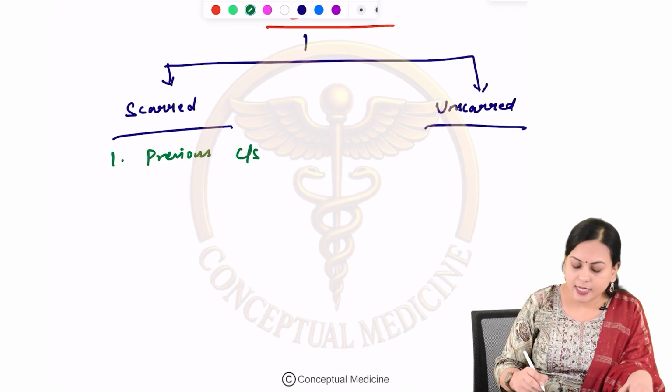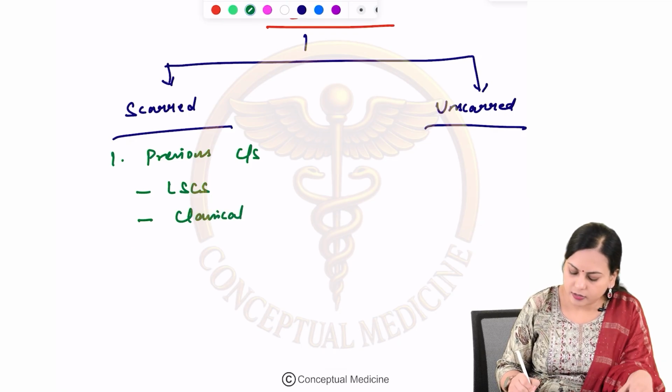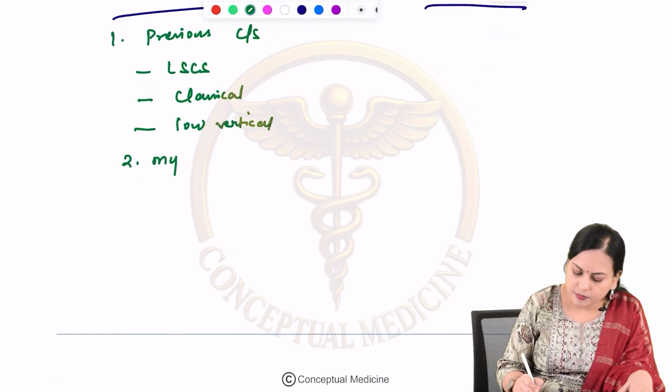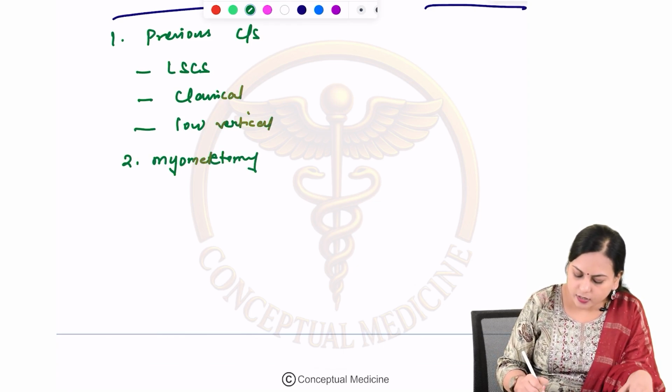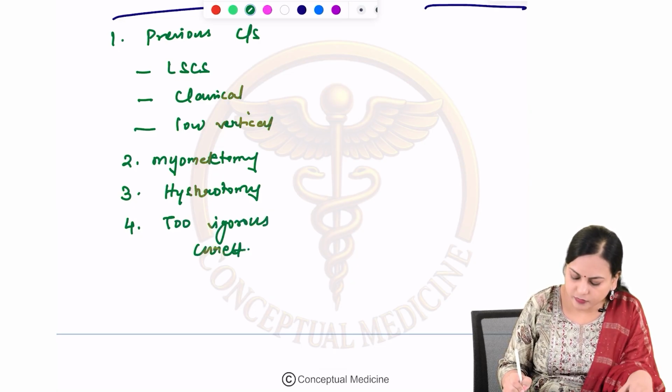This can be a lower segment cesarean section scar or a classical or a low vertical scar, right? Whereas sometimes there can be a scar in the uterus due to myomectomy also, or there can be a history of hysterectomy and when there was too vigorous curettage as well.